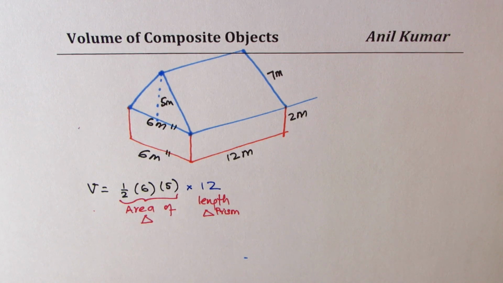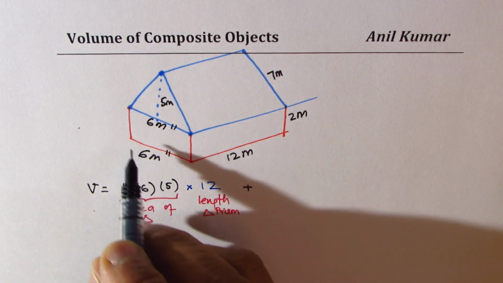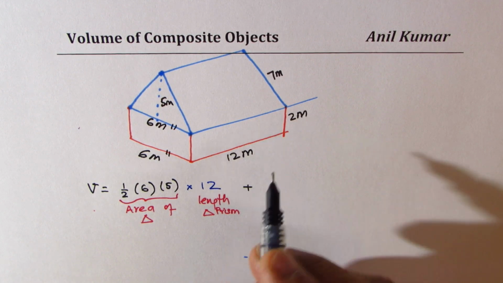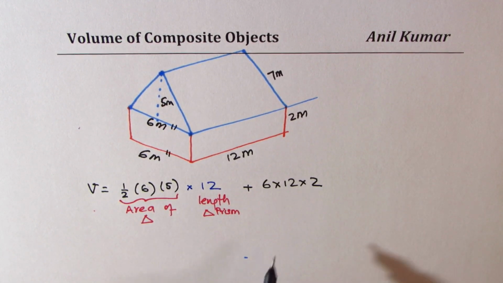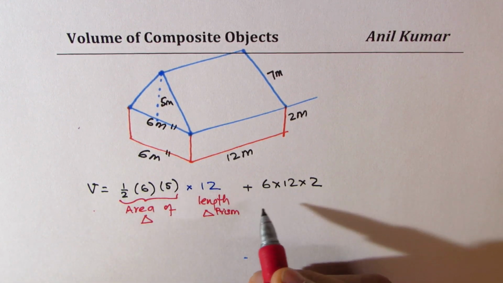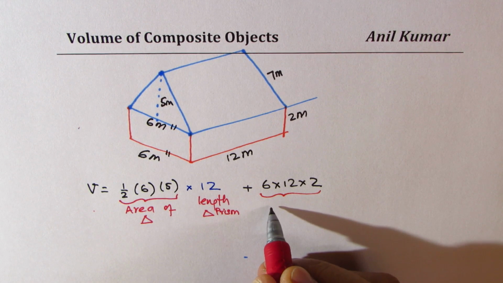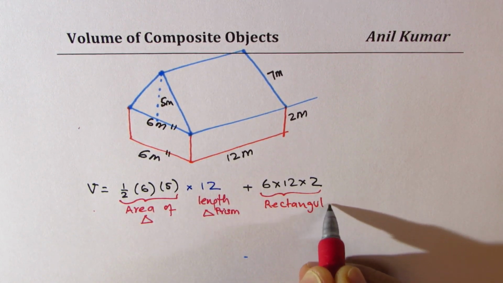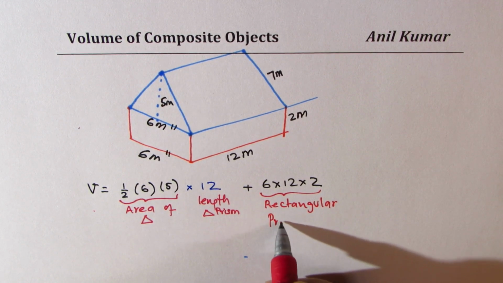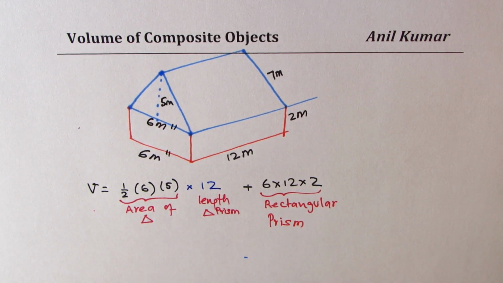And to this, we are going to add the volume of the rectangular prism, which is 6 times 12 times 2. Now you can use the calculator and get the answer.